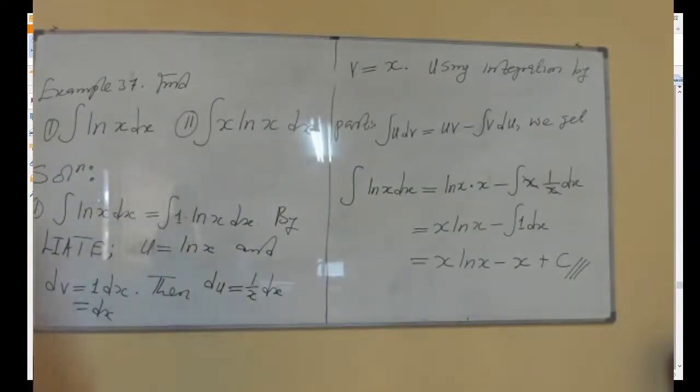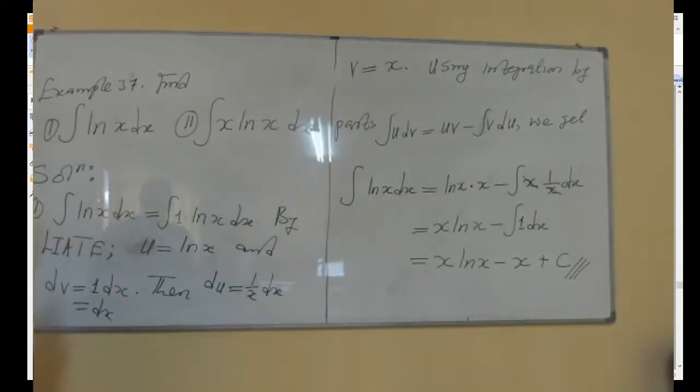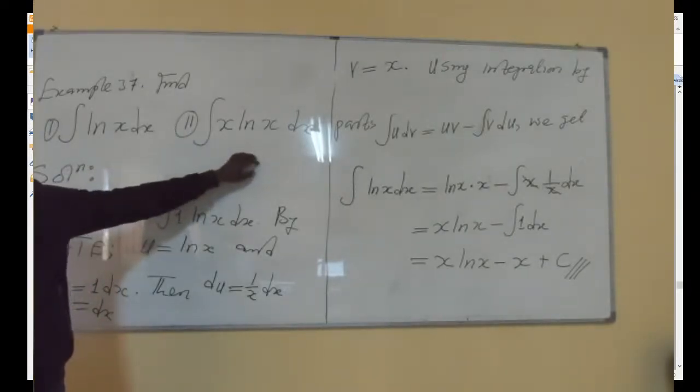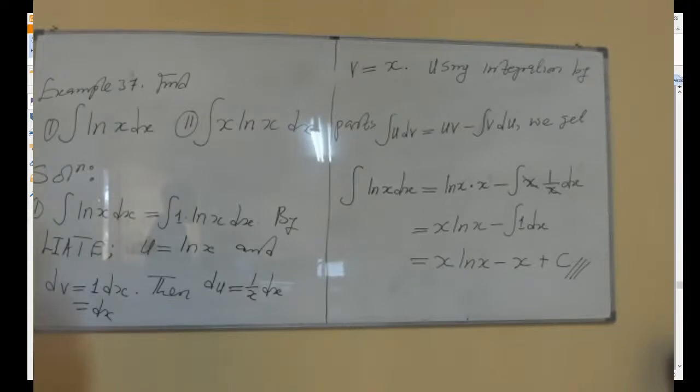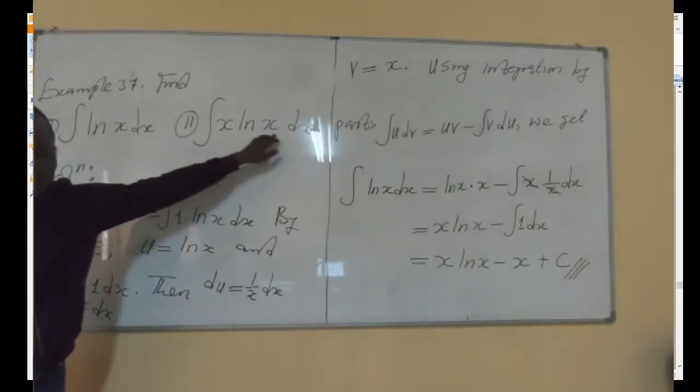Okay, now after having said all this, I would love you to go try this one. Please try it and see what you can do. The solution is already there on the board, and the procedure will be the same. If you look at this, we have an algebraic function and a logarithmic function.